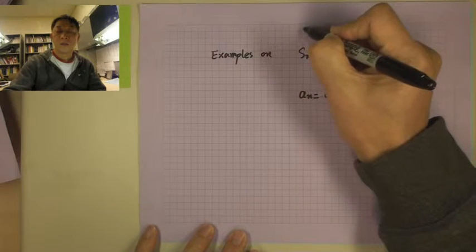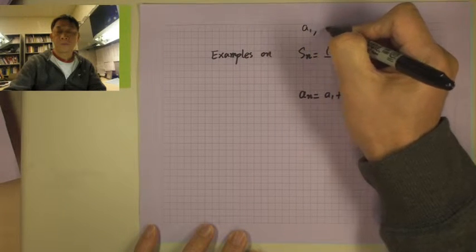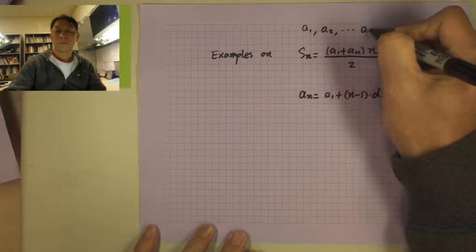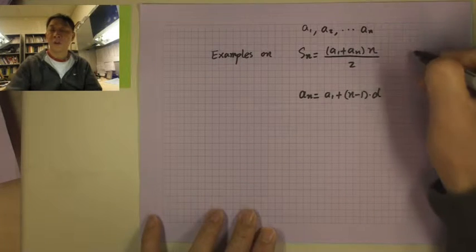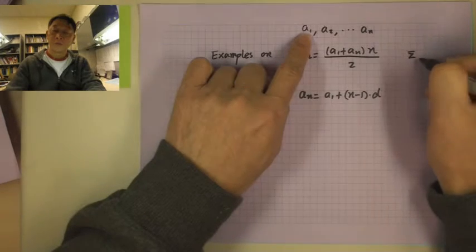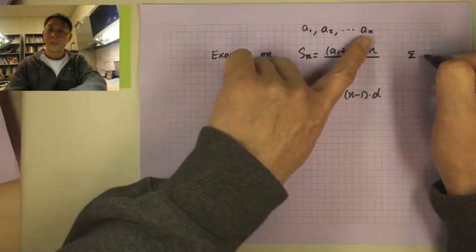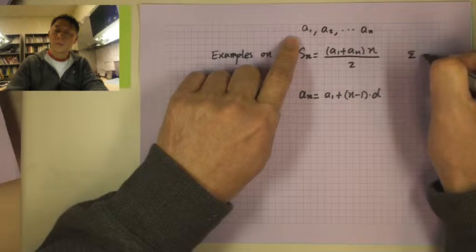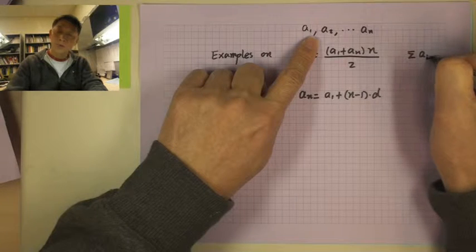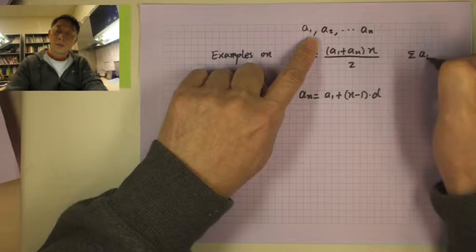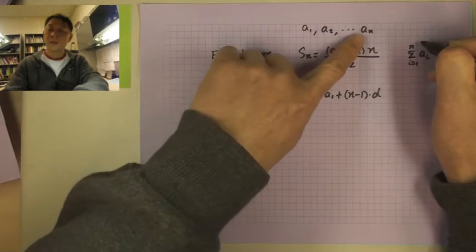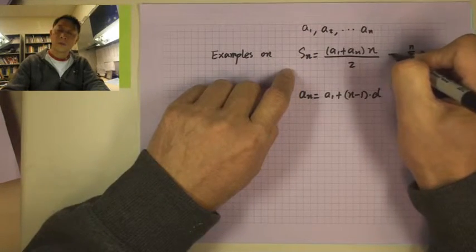If we are given an arithmetic sequence like this, then the sum of A1, A2 until AN, the sum of Ai where i starts with 1 and ends with N, is that.